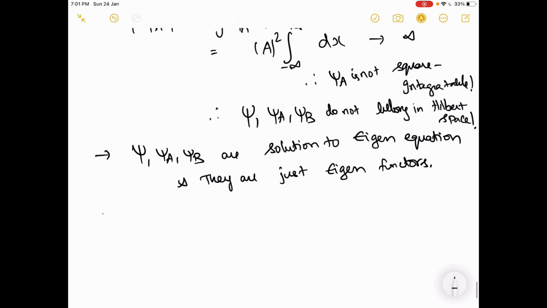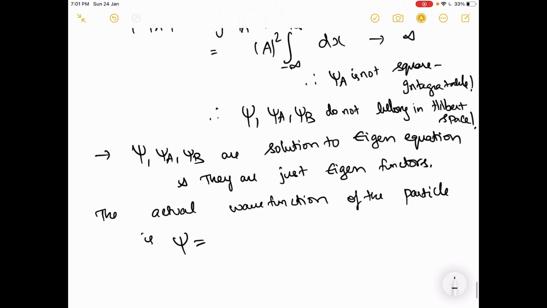The actual wave function of the particle, psi, is basically 1 by root 2 pi, the integral from minus infinity to infinity of psi k dk.